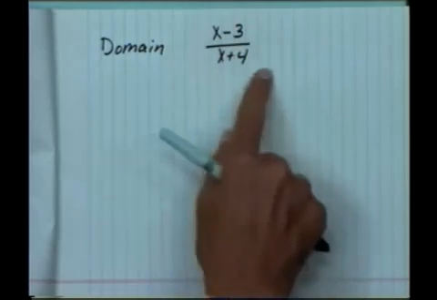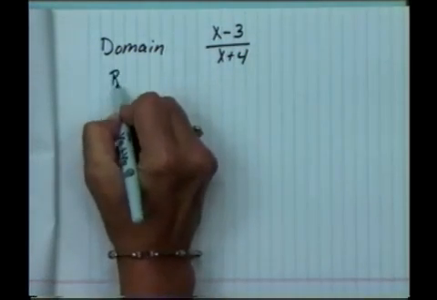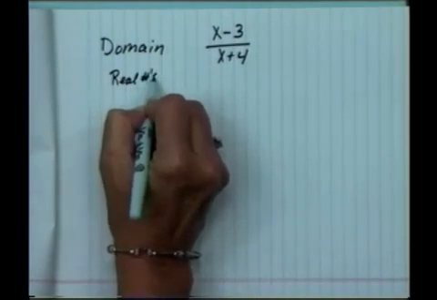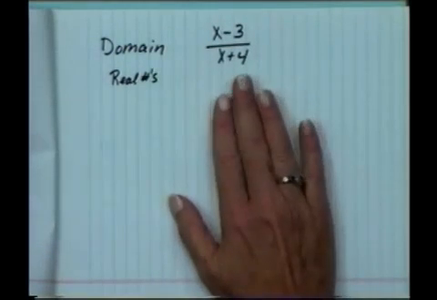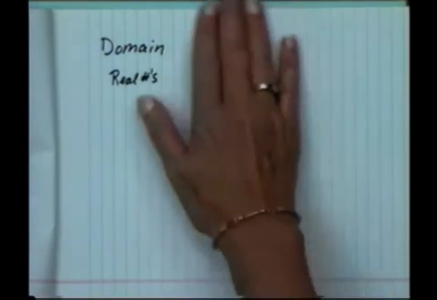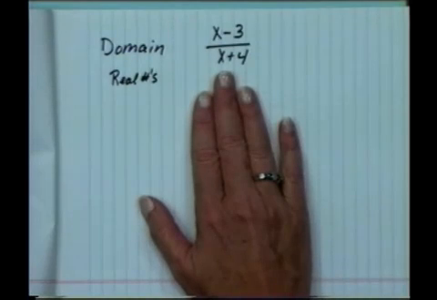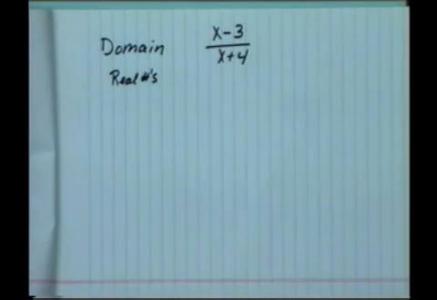When it's talking about domain, we're really talking about over the real numbers. And we want to know what values for x make this expression a real number. Or is there some value for x that blows up this expression, so that it would not be a real number if you substituted in for x?